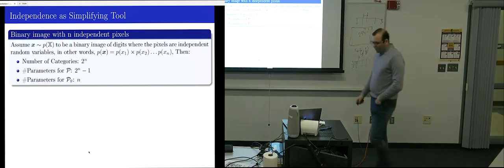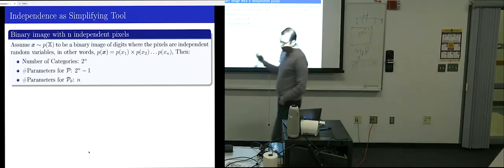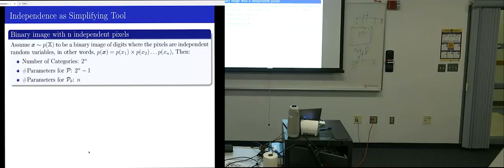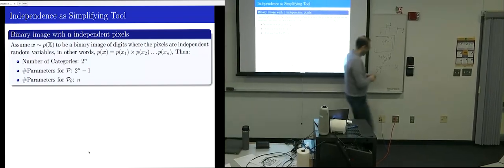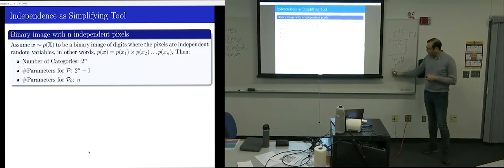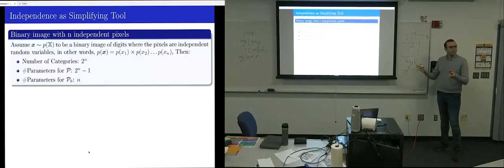Okay, so how can I reduce the number of parameters for this example? Binary image. I want to have some ideas to reduce the number of parameters for this example. So, one idea is to assume that each pixel is independent of all other pixels.